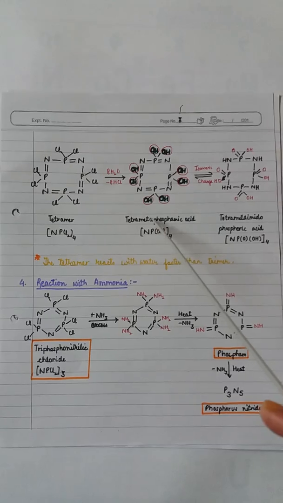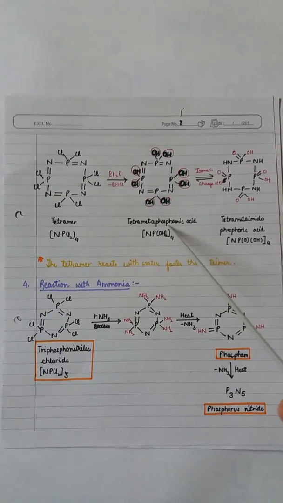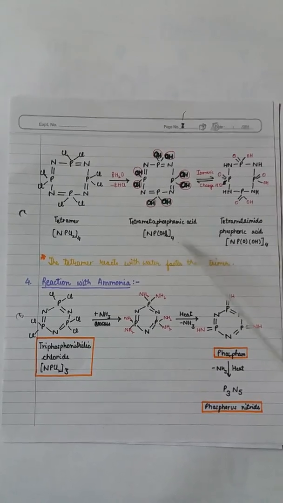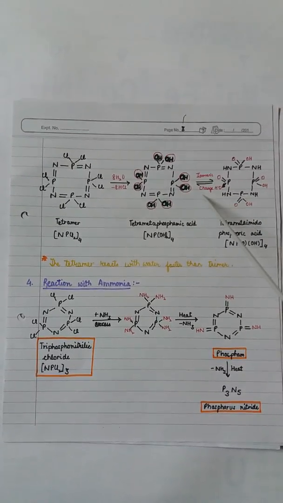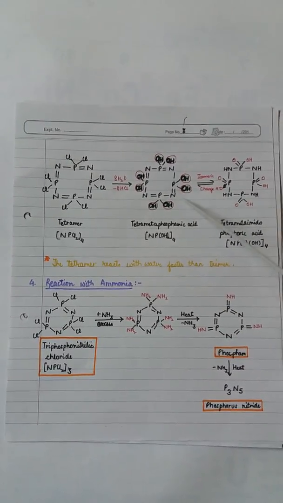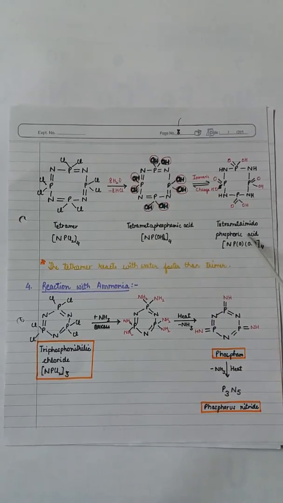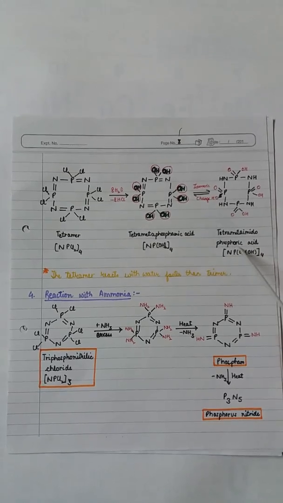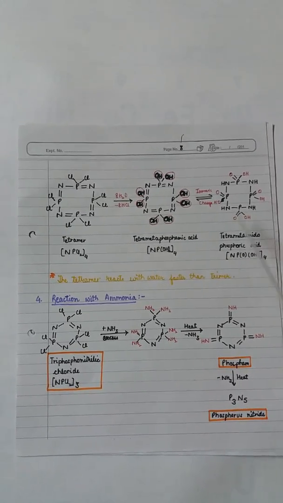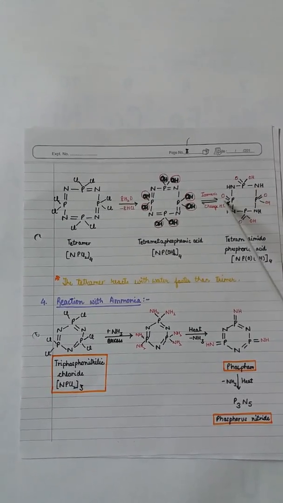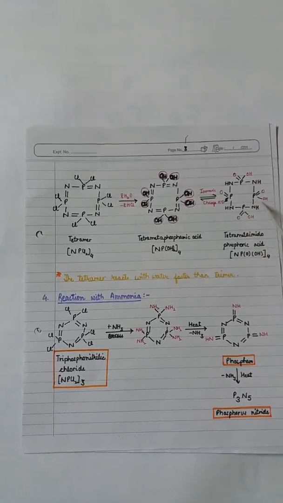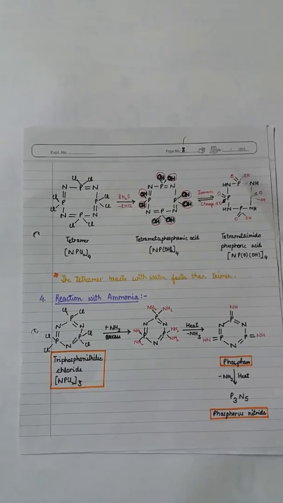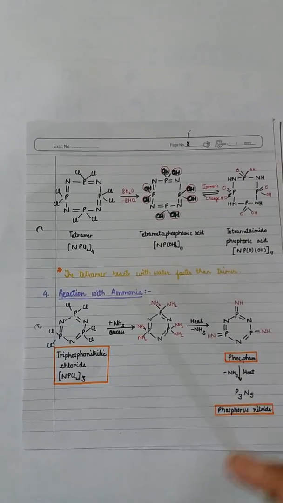So they form tetrametaphosphimic acid, which is [NP(OH)2]4, and it also shows a similar isomeric change as compared to the previous one, forming tetrametimidophosphoric acid, in which the H is removed from the four OH groups, and double bond O is present in that form.